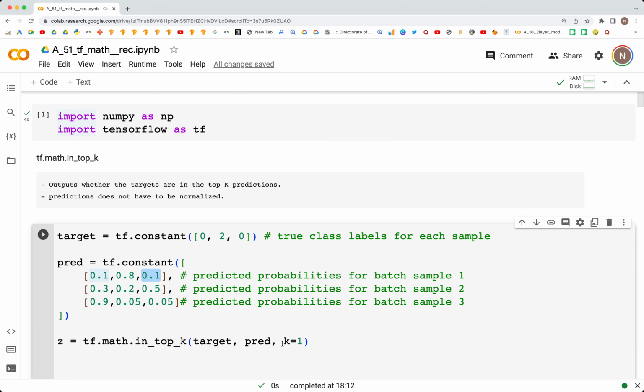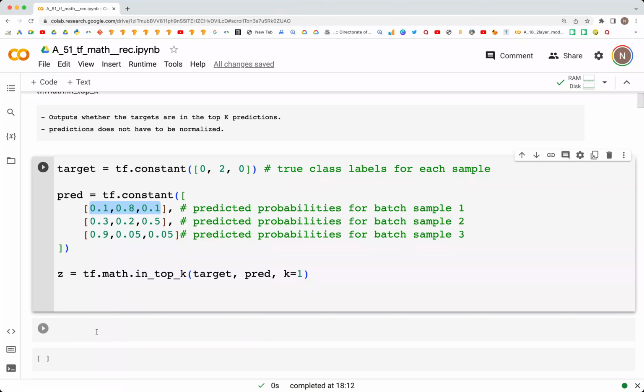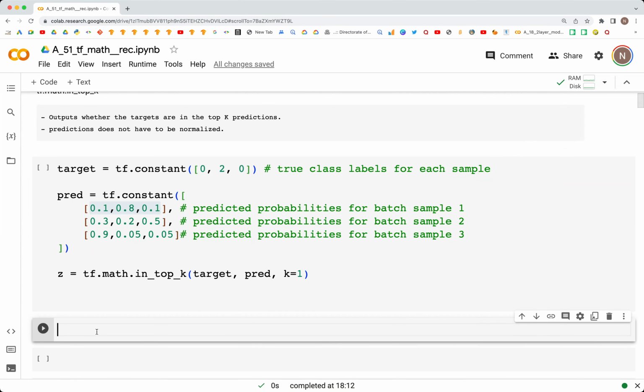When k is equal to 1, we look at the predicted probabilities and take the largest probability. If we sort these numbers, just for the sake of explanation, we'll have 0.8, 0.1, and 0.1.